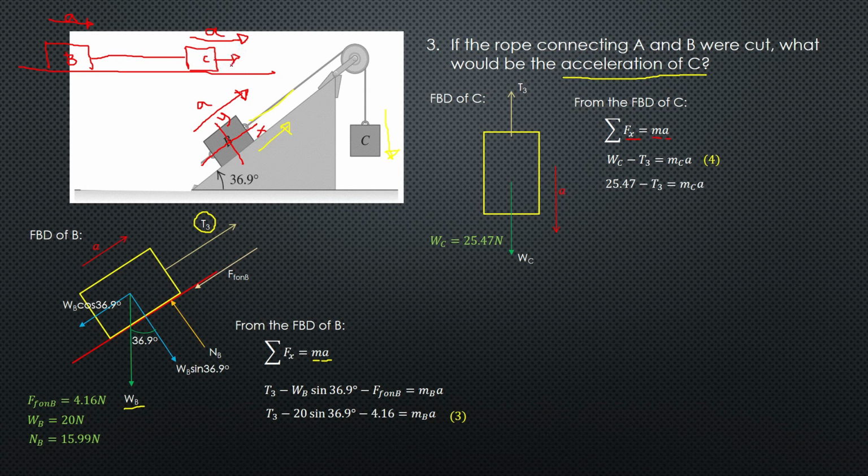So that's why I have used the summation of forces along the x-axis. This will be the weight based on this one, and this will be the tension on the rope, T3. So the summation of forces will also be equal to mass times acceleration, where the mass is the mass of the crate C. The motion or movement is to the right, so the weight is positive, right?